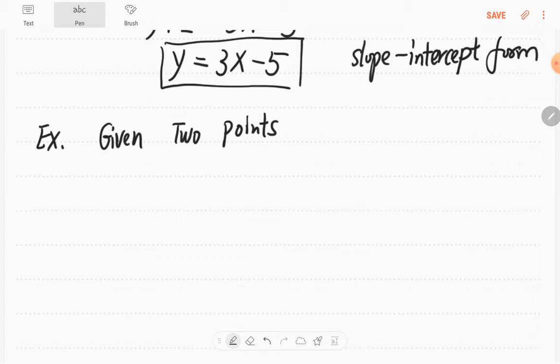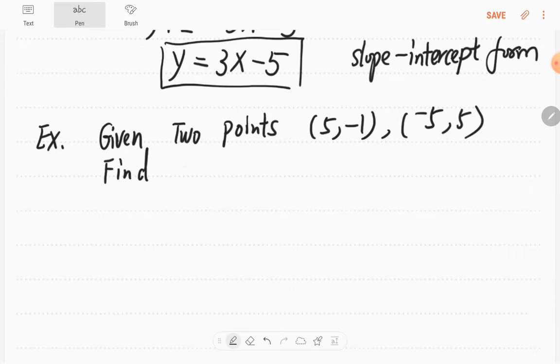Given 2 points, which are (5, -1) and (-5, 5), we want to find the line through these 2 points in slope-intercept form.